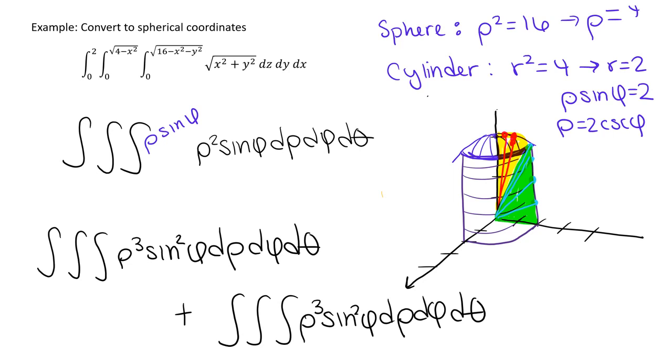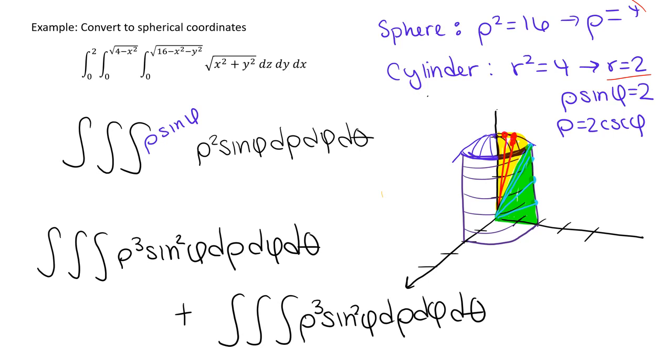So our sphere in spherical coordinates, x squared plus y squared plus z squared is 16, turns into rho squared equals 16 or rho equals 4. So the equation of that sphere in spherical coordinates is just rho equals 4. And then our cylinder was the equation r equals 2.